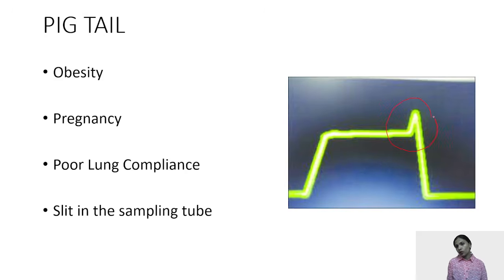See this upstroke that you can see? This upstroke is coming at just the end of phase 3. And this little upstroke is suggestive of a poorly compliant lung.